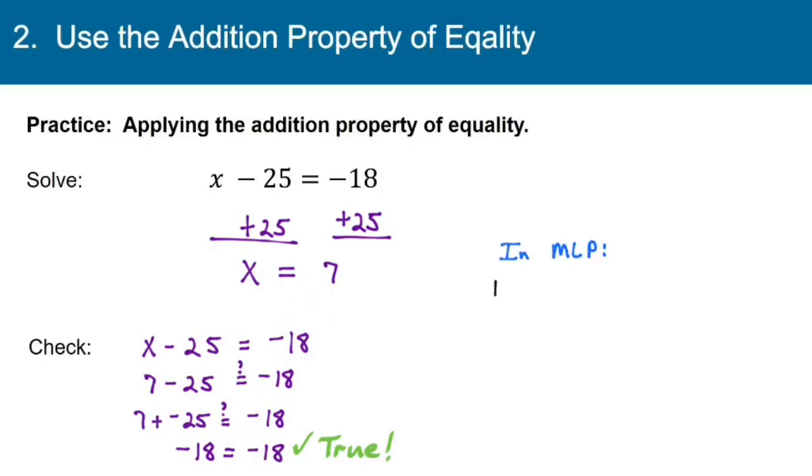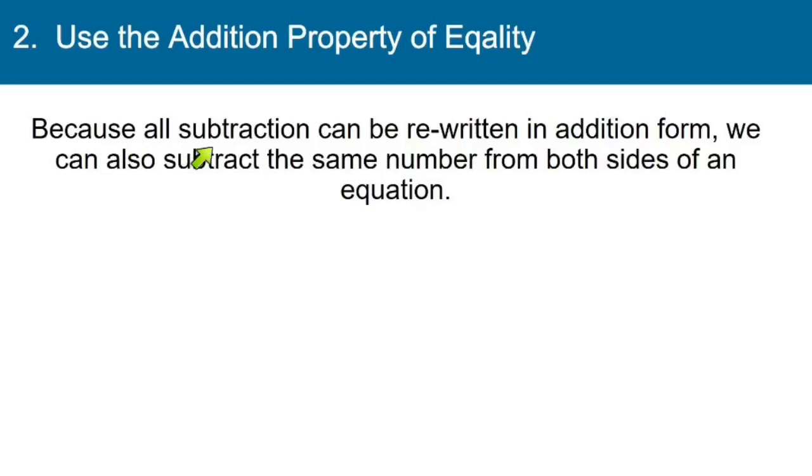So when you get to MyLabs Plus and you want to put the answer in, remember it will say the solution set is, and it'll give you the curly braces, and all you put in the braces is your solution, which is 7.